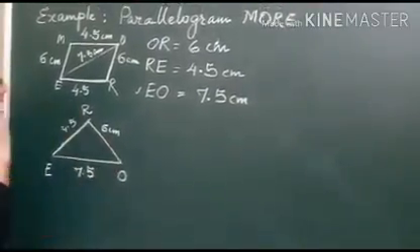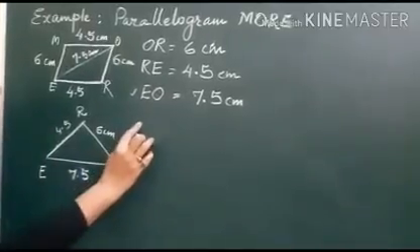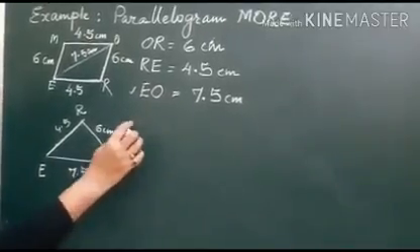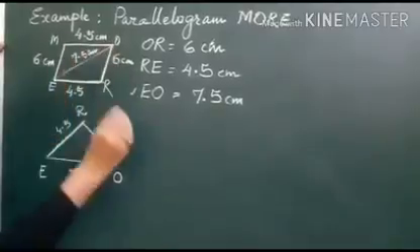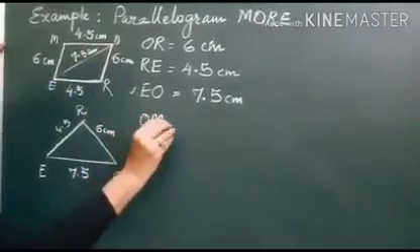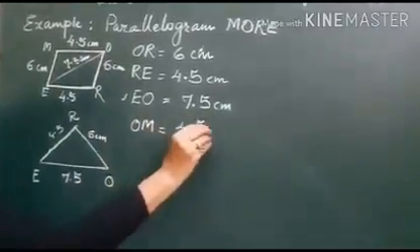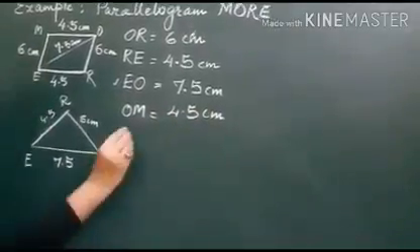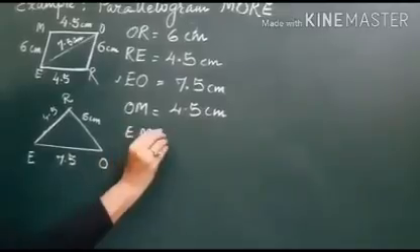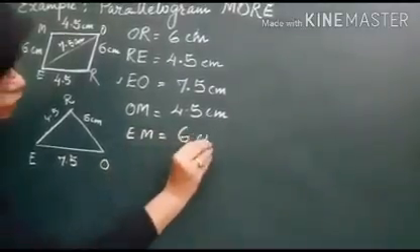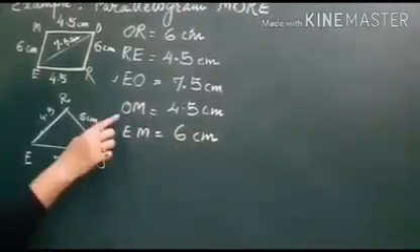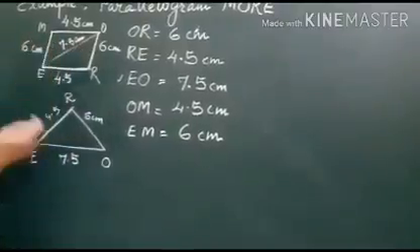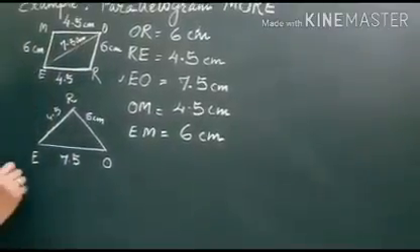Similarly, the other 2 sides which are not given, let's write there. What are the other 2 sides? OM, which is equal to 4.5 centimeter, and EM. These 2 were not given. But using the property of a parallelogram, we know OM is 4.5, EM is 6 centimeter.